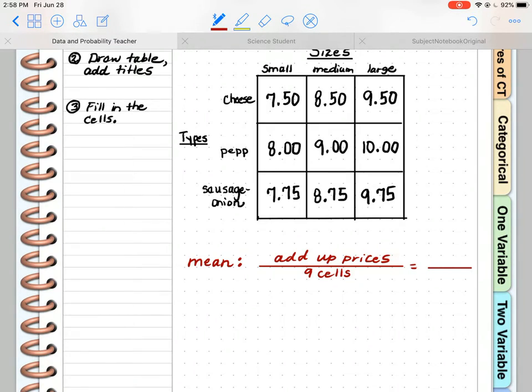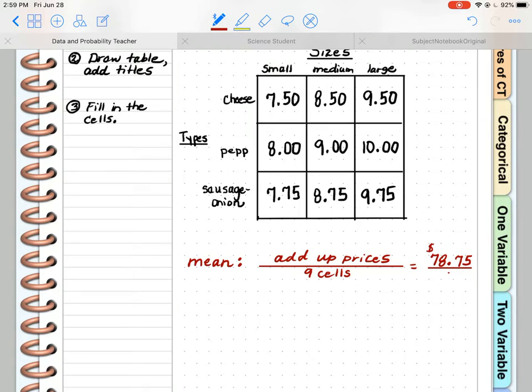$7.75 plus $8.75 plus $9.75 equals, and I came up with $78 and sorry, I lost it, 75 cents. So if I wanted to buy one of each choice, this is how much it would cost.